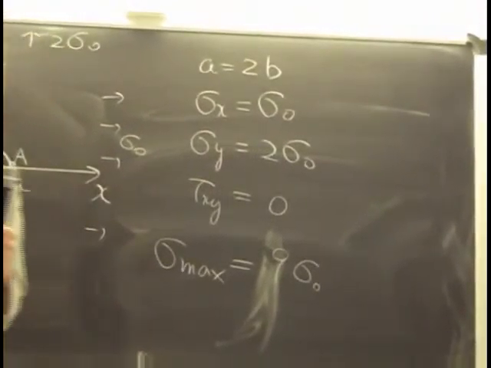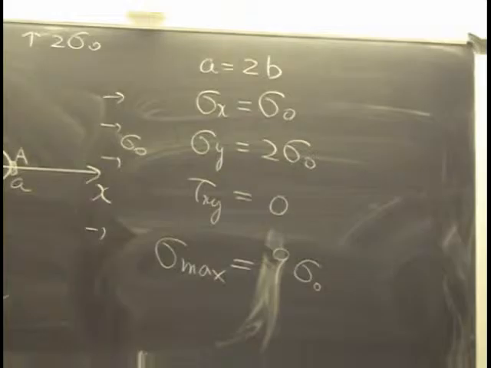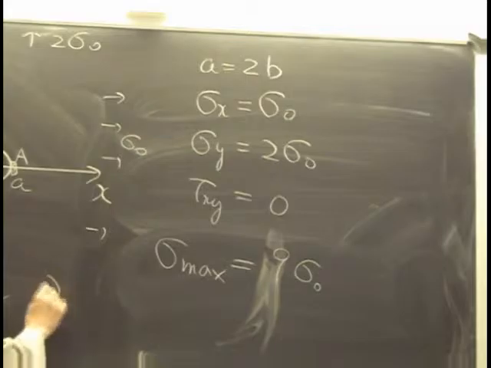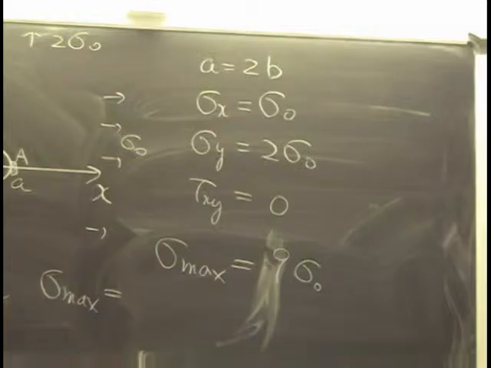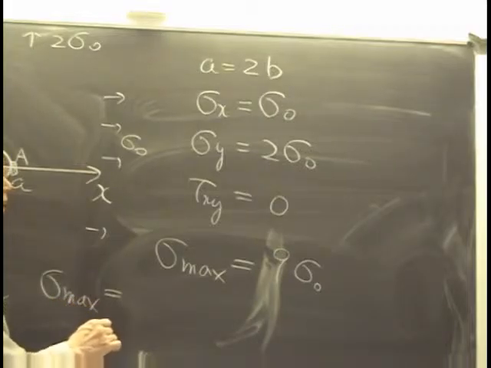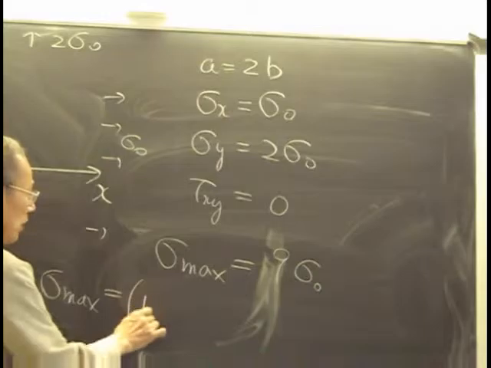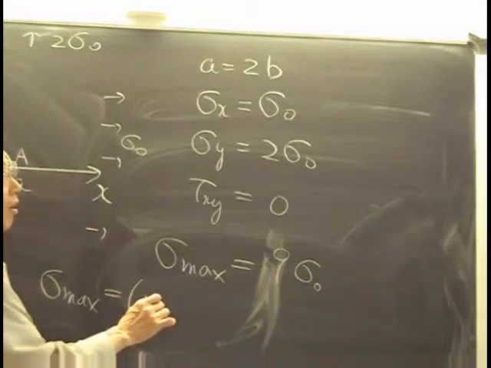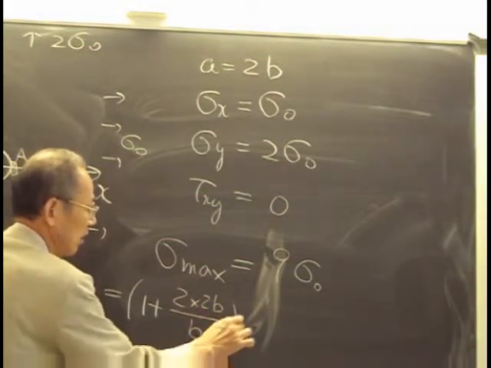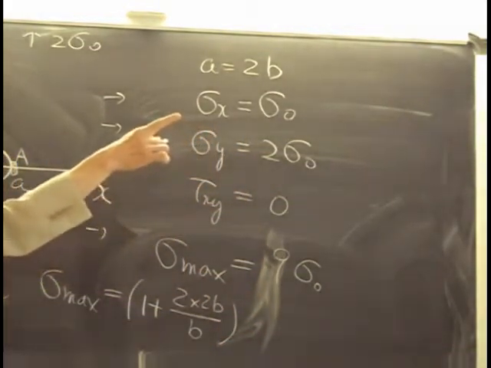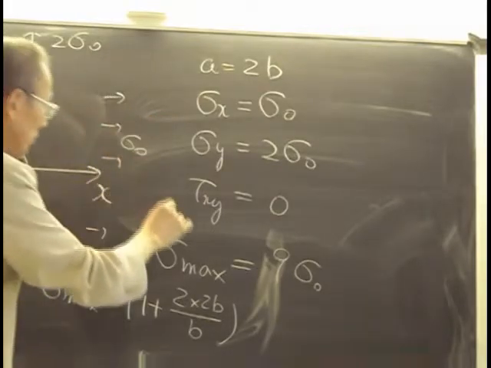You agree with this? How did you calculate this? With Kt equal to 5. Yes, 1 plus 2 times 2b over b, and let me see, it's sigma y, okay?